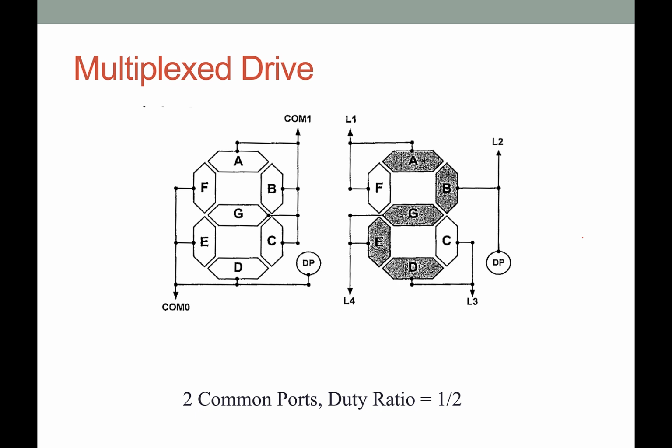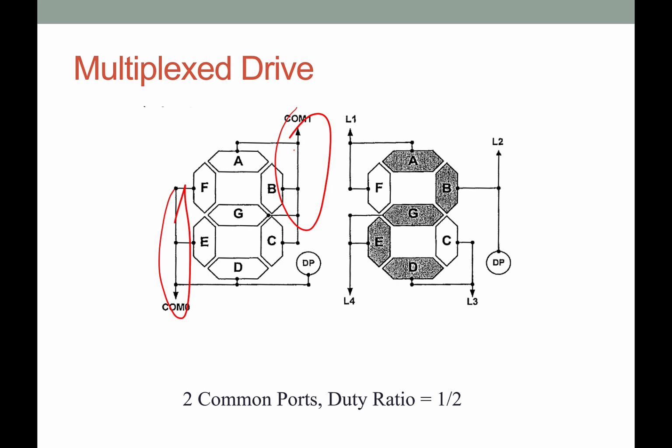You can see here, for example, we have COM 0 and COM 1, so we have two common ports. Now something interesting: if I tie the two commons there, it looks like I can find a way to get rid of some of the pins that I need. So anyways, that's the idea.